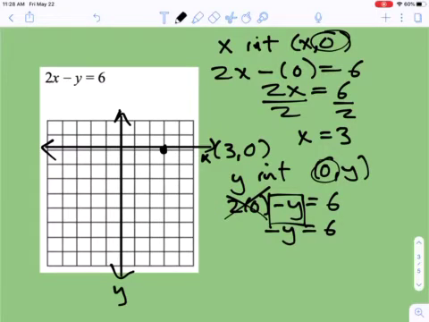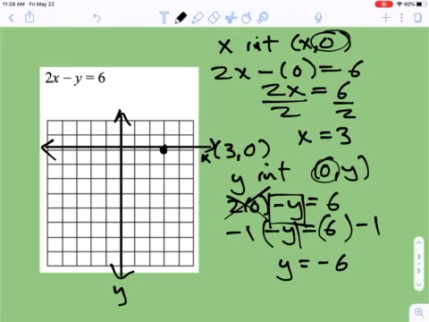Whenever you have a variable that has a coefficient of 1 but has a negative in front of it, you can get rid of that negative sign just by multiplying both sides by negative 1. So negative 1 times negative y gives you positive y, and 6 times negative 1 is negative 6.